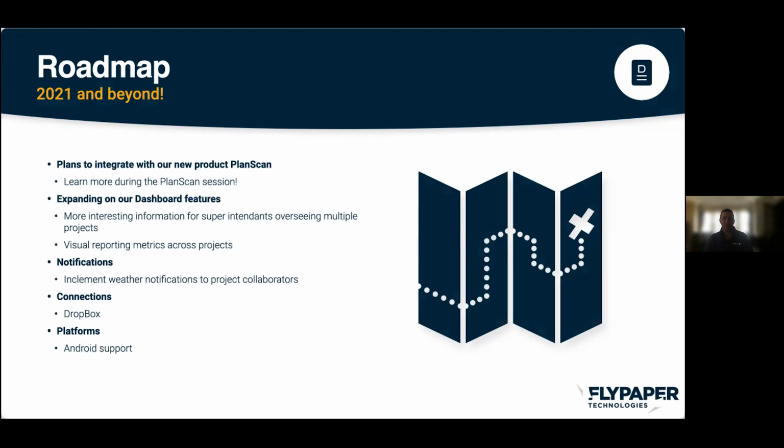But we do see the need to have more visual aid to those reports, and the dashboard. We've been hearing a lot of feedback from people that this is a great place to have it. So we've heard you, and we're going to continue to expand our efforts on that feature.